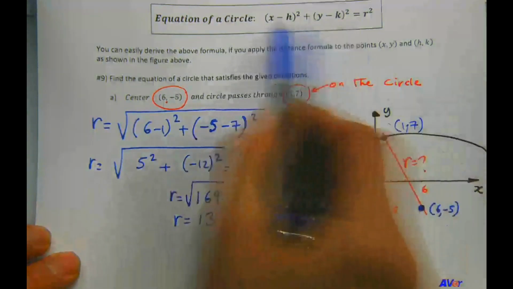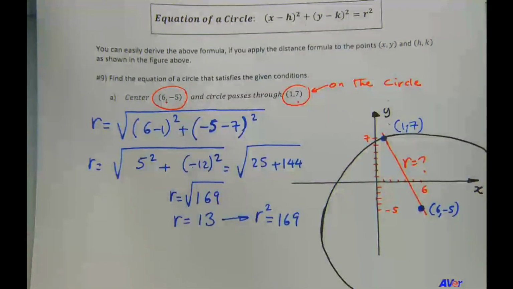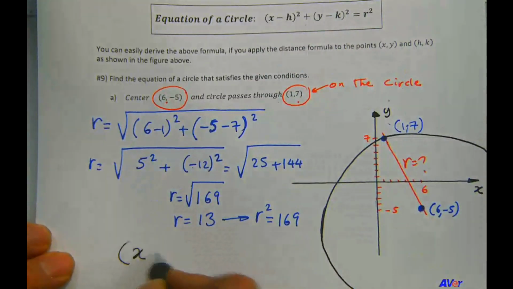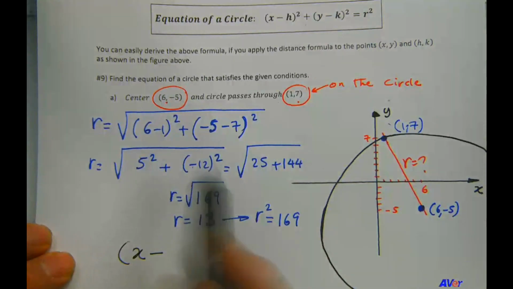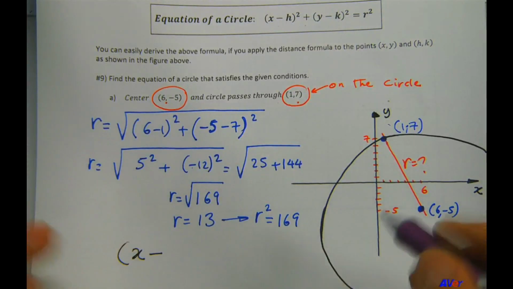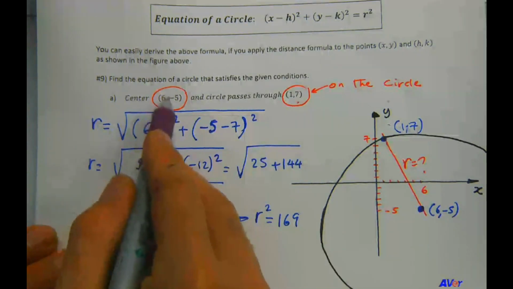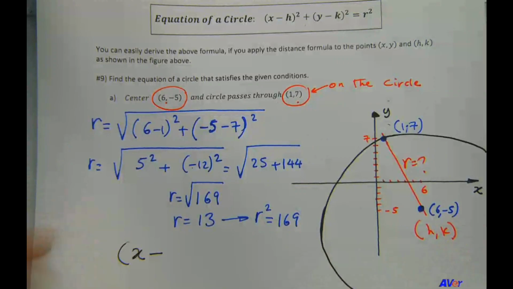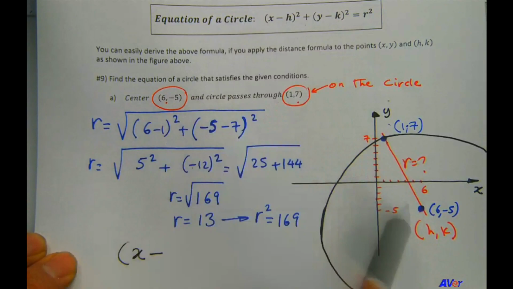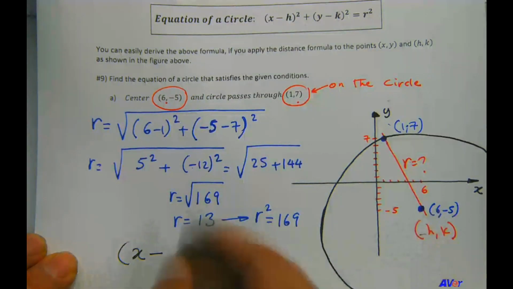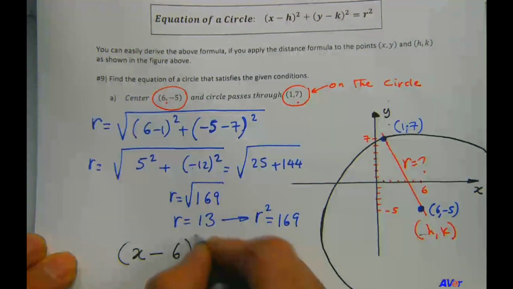You can see it up here in general form, right? So the equation of the circle is (x minus h) squared plus (y minus k) squared equals r squared. That point, which is here, is h comma k, and I'm applying this equation to it. So x minus h would be x minus 6, squared.